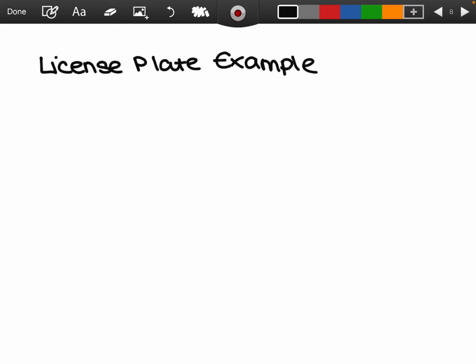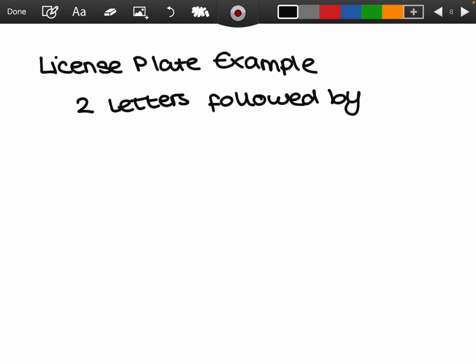Let's say that your license plate for a particular state is going to be 2 letters followed by 4 digits.